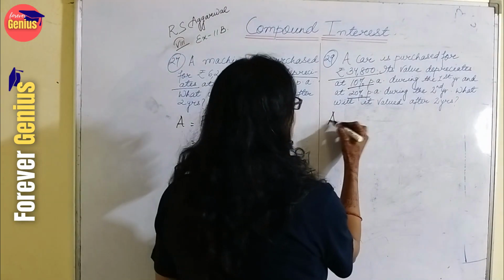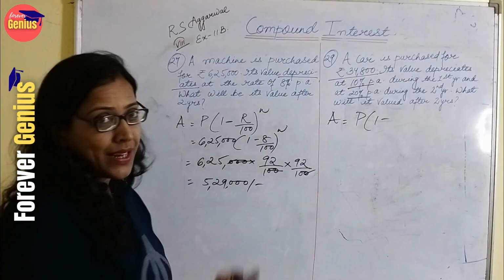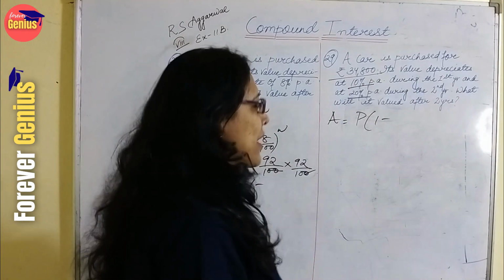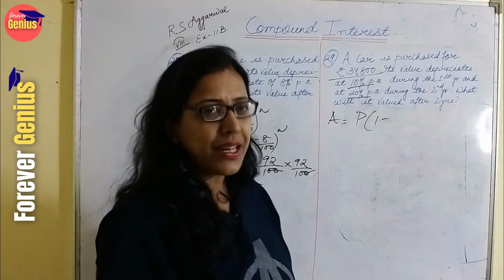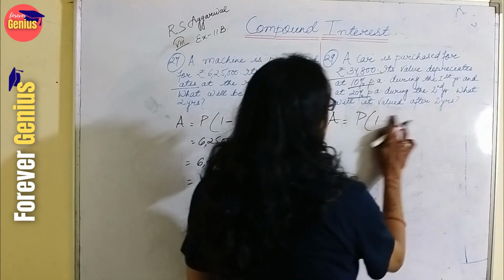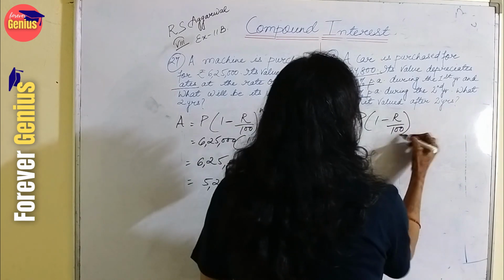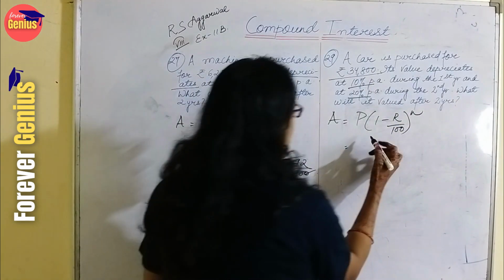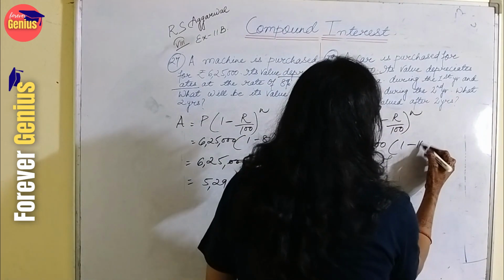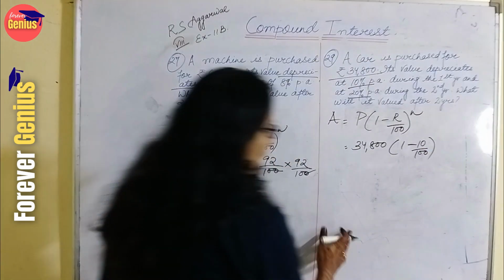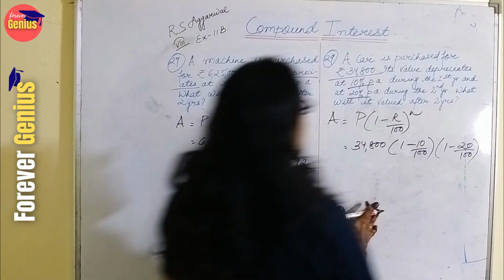So how are we supposed to do in this case? A is equal to P into, again, 1 minus. We will not do the addition, otherwise it will increase the value, whereas depreciation reduces the value of any product which we are using. So (1 minus R by 100) to the power n, which is equal to 34,800 into (1 minus 10 by 100) for the first year, and it will be 20 by 100 for the second year.